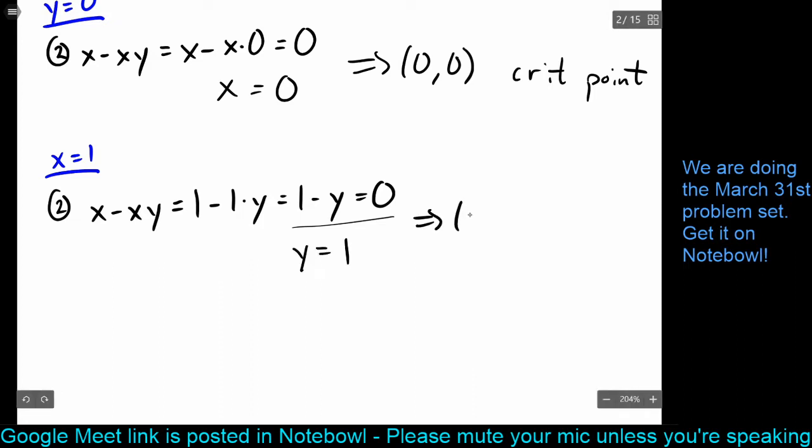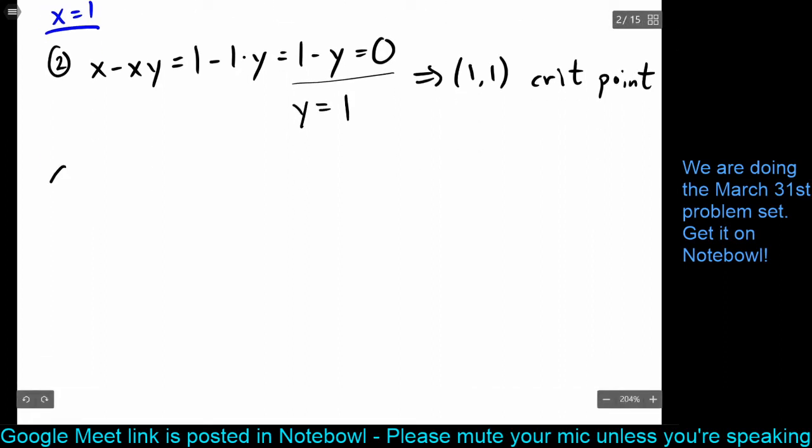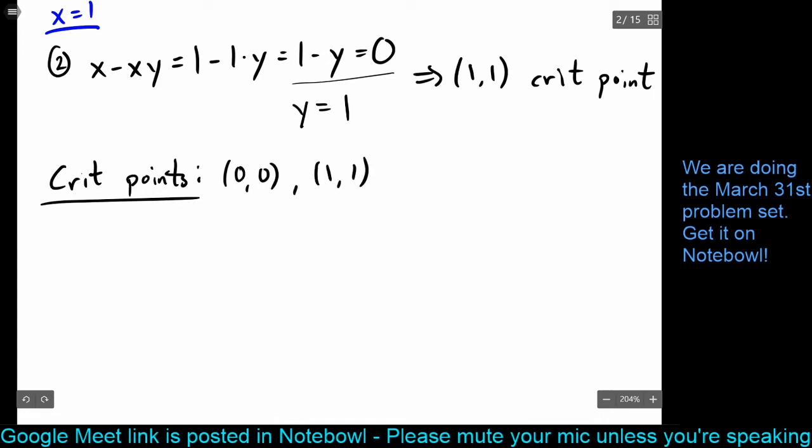So this tells us that 1, 1 is a critical point. So we have our two critical points: 0, 0 and 1, 1. Okay. Any questions thus far with that?